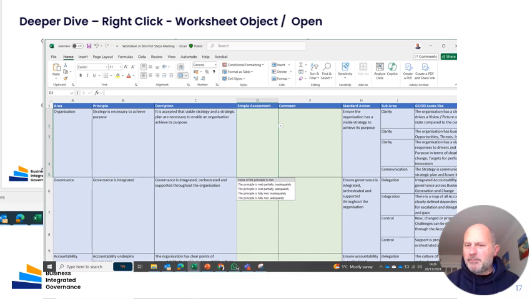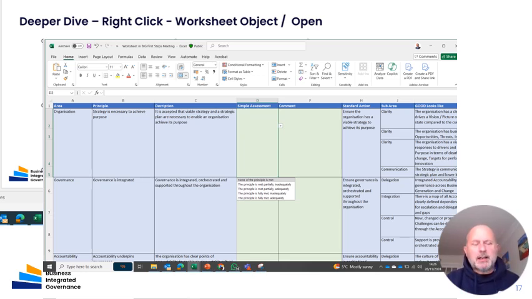Do you partially meet the objective, but when you do it, you're quite good at it? Do you fully meet the objective, but you don't do it very well? Or do you fully meet it very well? So there are some options there to help you understand how well your organization supports that principle.